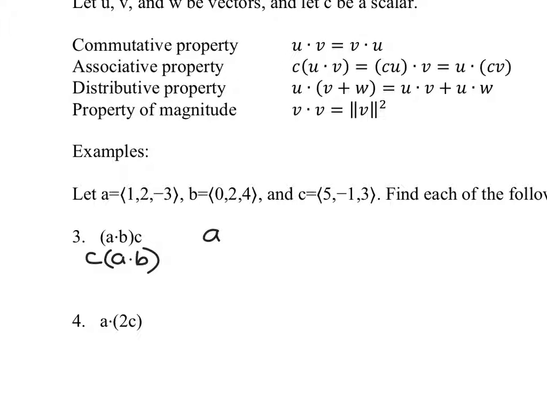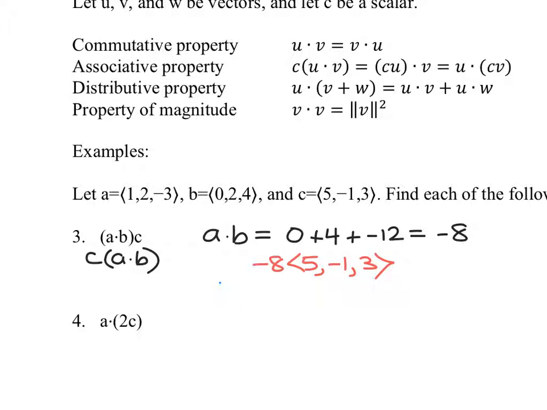So let's do A dot B. 0 plus 4 plus negative 12 is going to be negative 8. Then whether you do it in the form that it was originally written, negative 8 against 5, negative 1, 3, or the alternate notation, because the idea behind these questions is to familiarize yourself with the ways that it could be represented, you could look at it as 5, negative 1, 3 multiplied by the scalar negative 8.